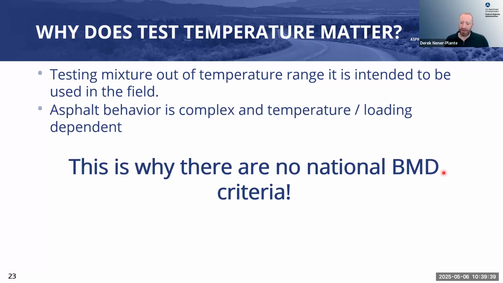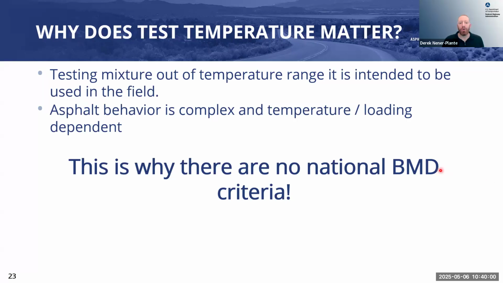My other example is going to be on the Hamburg wheel tracker. A lot of our examples are going to be on the Hamburg wheel tracker when it comes to test temperature. When I was at Maine DOT, we started using the Hamburg wheel tracker to combat some of the durability and moisture damage issues we were dealing with at the time.